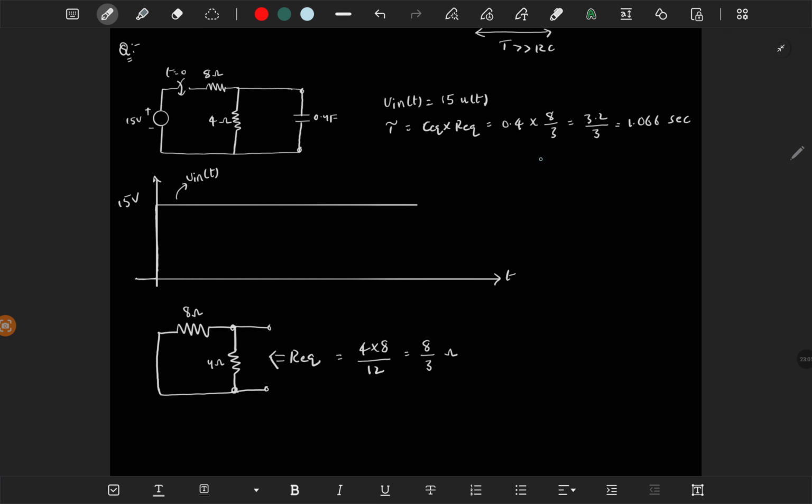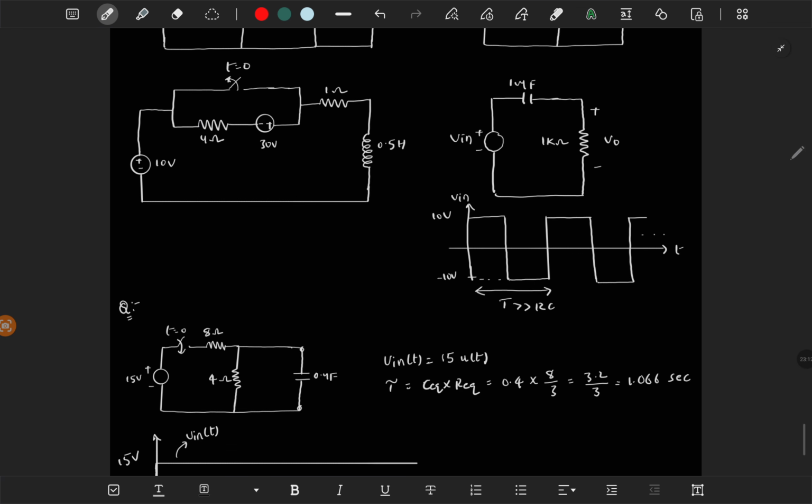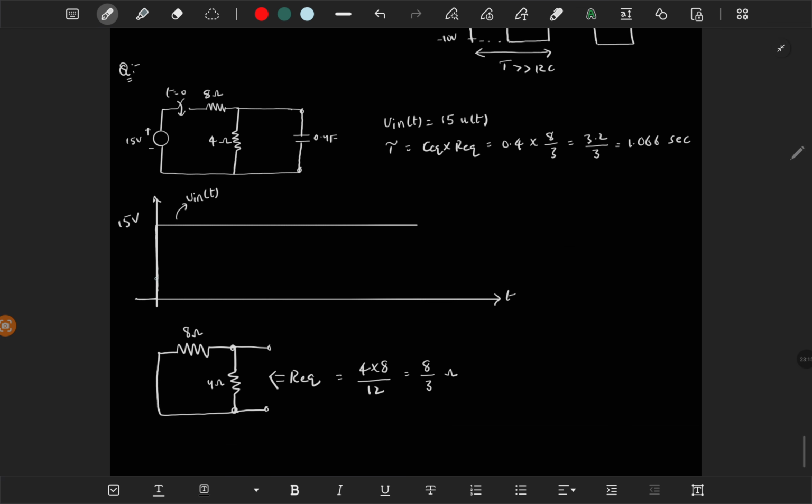It means if you wait for 1.06 seconds, then the capacitor voltage will charge to 63% of its final value. Initially it has 0 initial voltage. Since it is not mentioned, we can take it as 0, and it will go to some steady state. We don't know. We have to find the steady state.